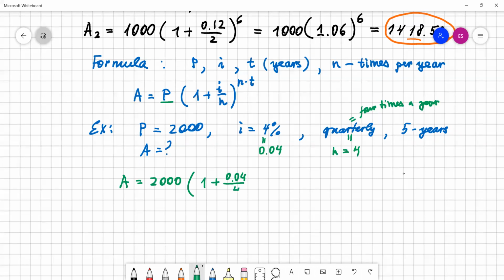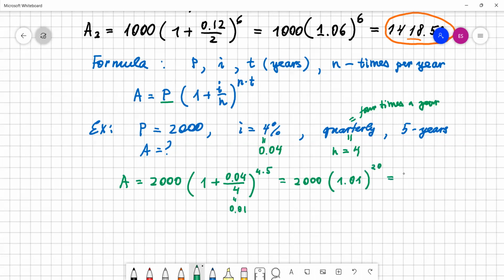So divided over 4, and we need to multiply the number of times we combine it by the number of years, 5. So I'm going to have 2,000. Here, if I divide, it's going to give me 0.01, so it's 1.01 to the power of 20.